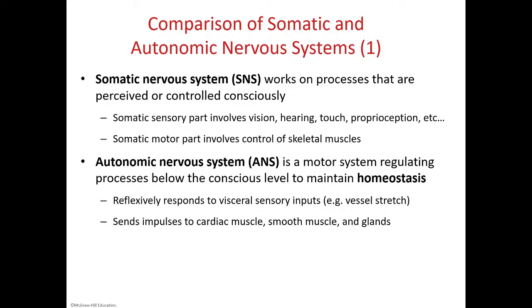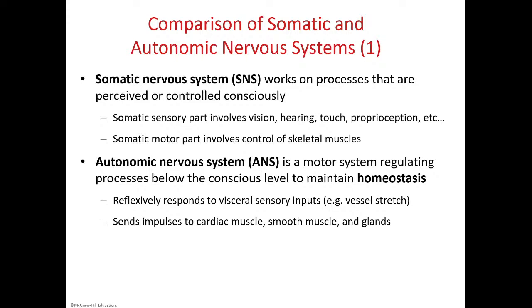Now contrast that with the autonomic nervous system, which regulates processes below the conscious level. In other words, it operates subconsciously, we're not aware of it, and it works to maintain homeostasis. So it reflexively responds to visceral sensory inputs, for instance, blood vessel stretch.